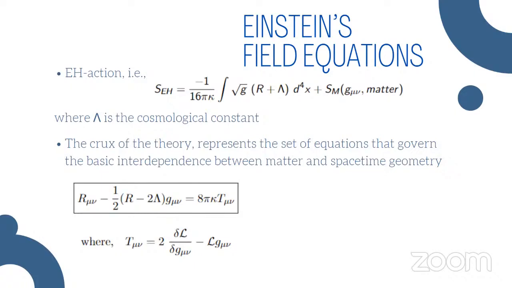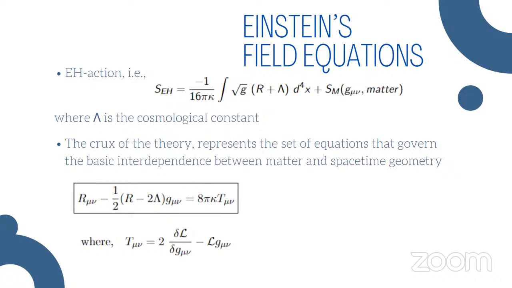So the R mu nu, as we know, is the Ricci tensor, and R is the Ricci scalar, and lambda here is the cosmological constant, which was introduced to describe an evolving universe that is expanding.